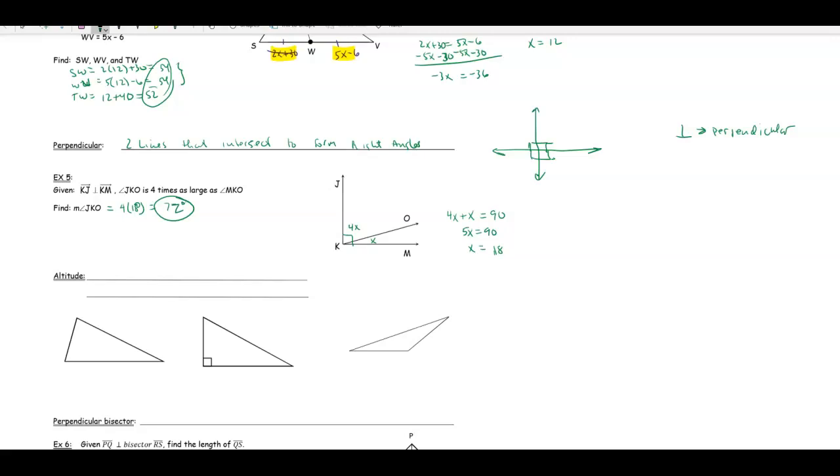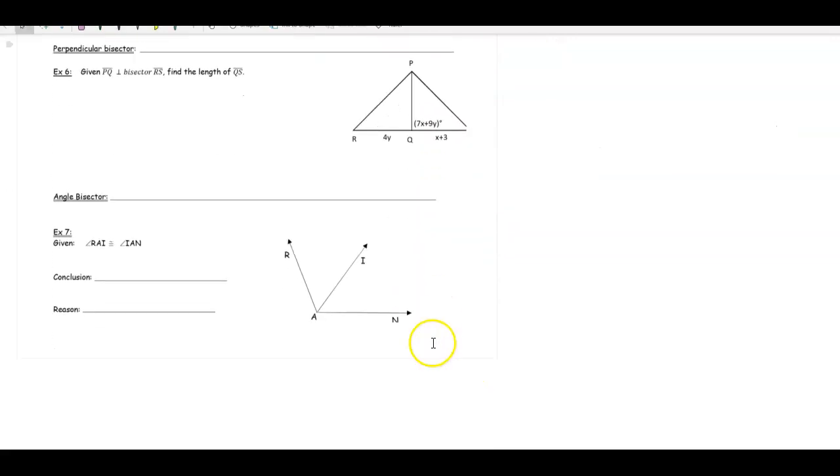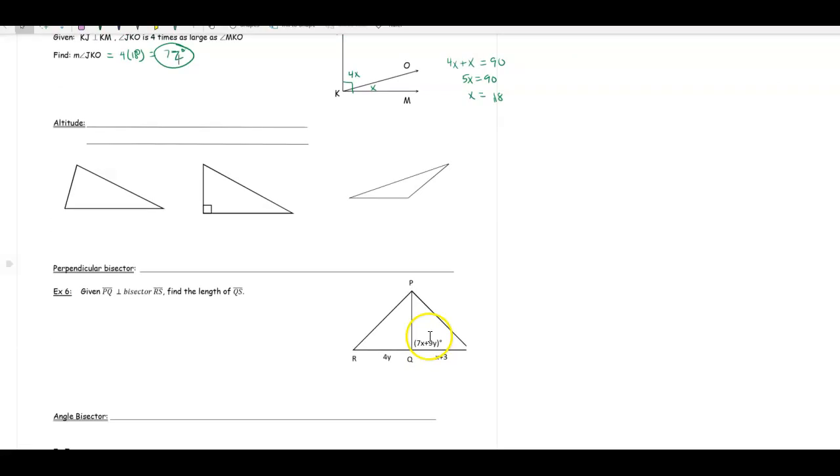All right. Now, an altitude. Altitude is basically a segment that goes from a vertex perpendicular to the opposite side.